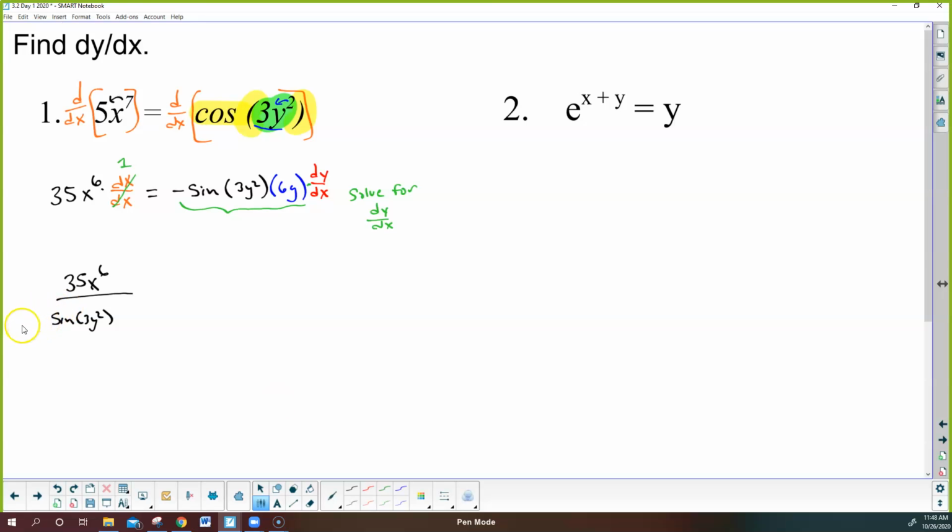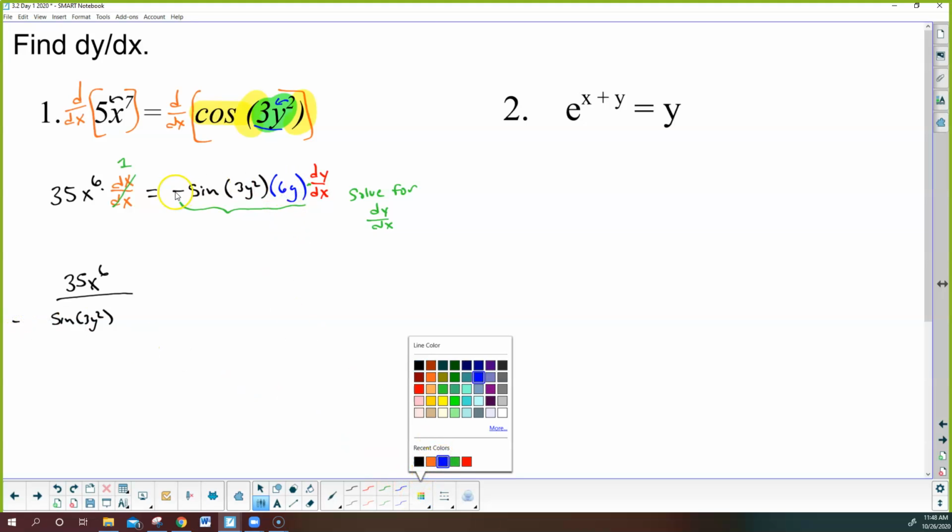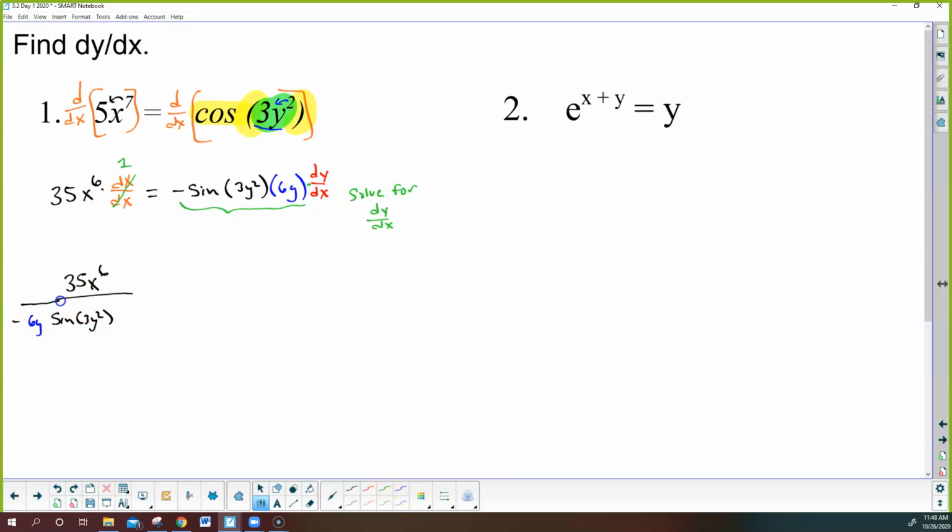I'm going to sneak that in between the negative, because 6y times negative is negative 6y. And then notice the only thing that's left over is the dy dx. And we could try to divide this out. If this was divisible by 3, good, but there we go.